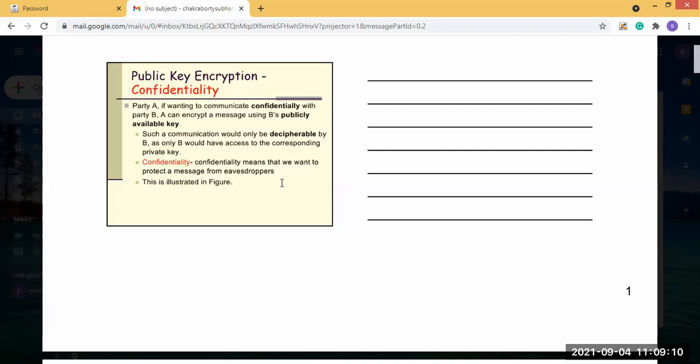No, because it is not encrypted with C's public key. Only that particular private key can decrypt it. So this is what confidentiality means.